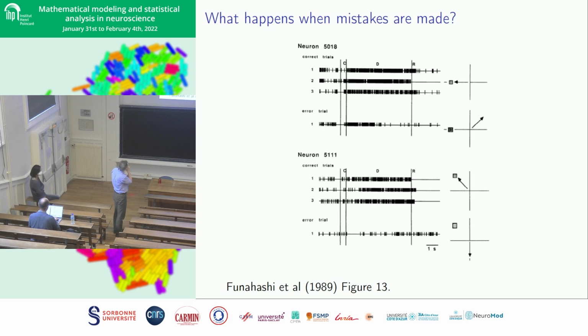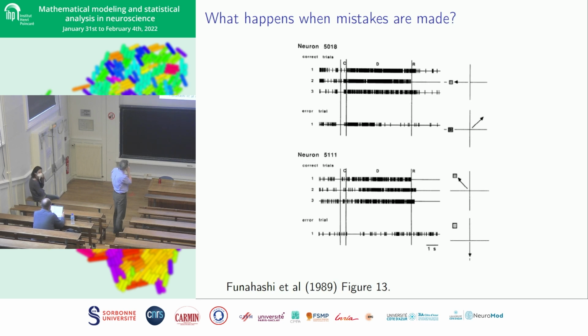In this trial, you see that the persistent activity spontaneously disappears. And when the signal comes, the monkey makes a wrong saccade. Other example. Here, the persistent activity is there, the target is northwest, and the monkey does a proper saccade.